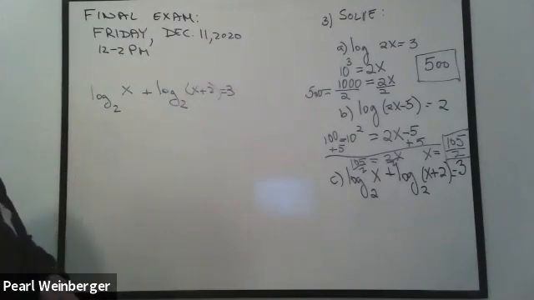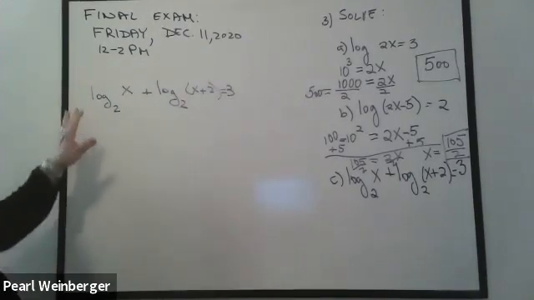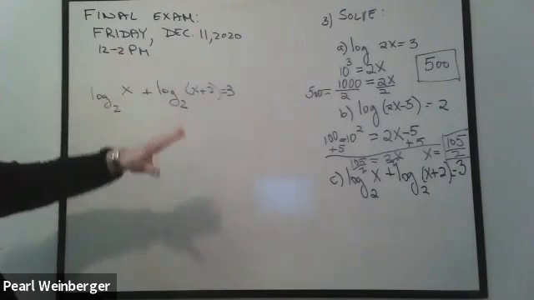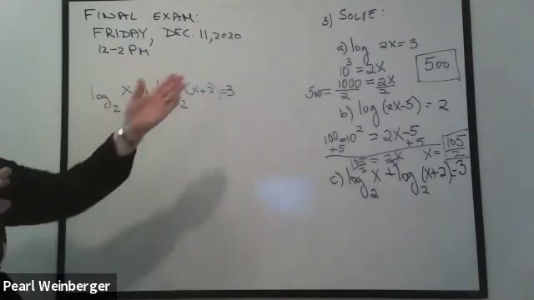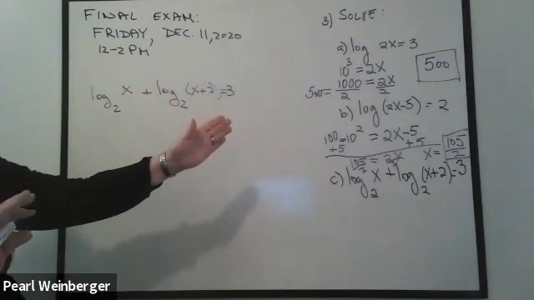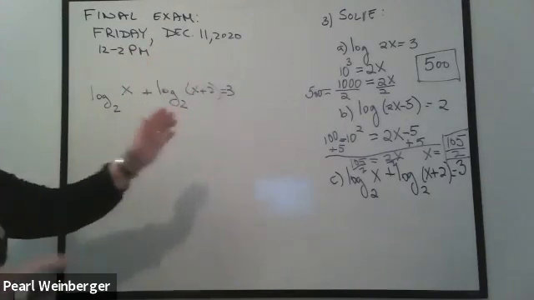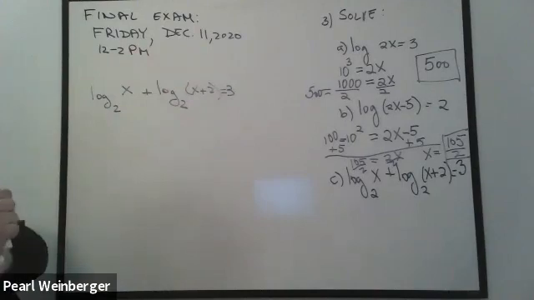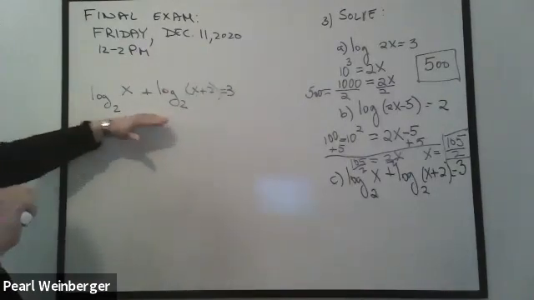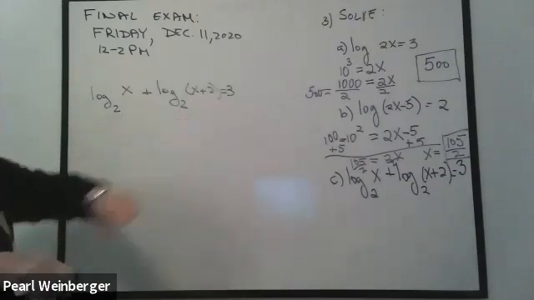Again, this is a log equation, except the problem here is we have more than one log on the side. All of the equations that we've dealt with so far had a log on one side and a number on the other side. And now I have two logs on one side equaling a number.